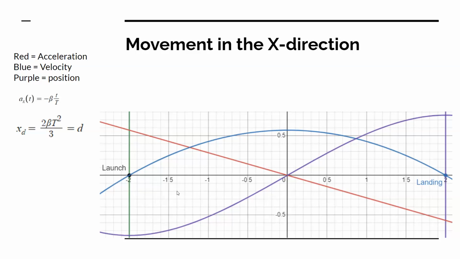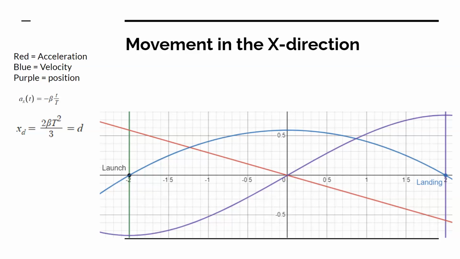And then just real quick, why this makes sense with our distance equation, distance of x is equal to 2 beta times t squared over 3. This makes sense because if we spread out t, so if on the graphs t is equal to -2, and then negative t is equal to -2, and then +2.